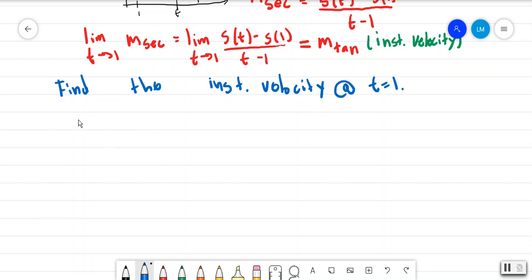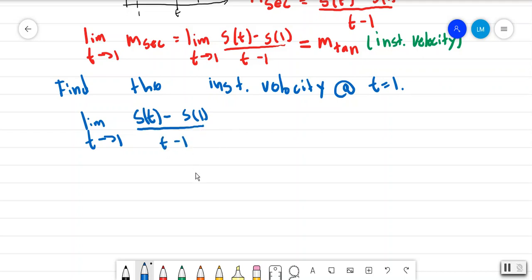Notice that if we write the limit as t approaches 1 of s of t minus s of 1, all divided by t minus 1.